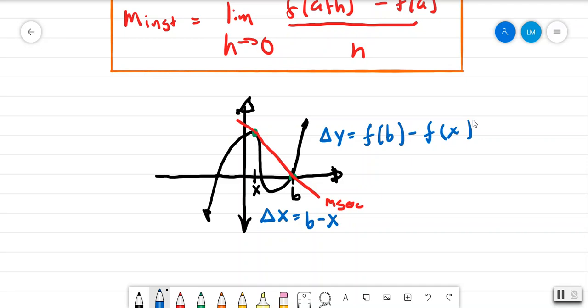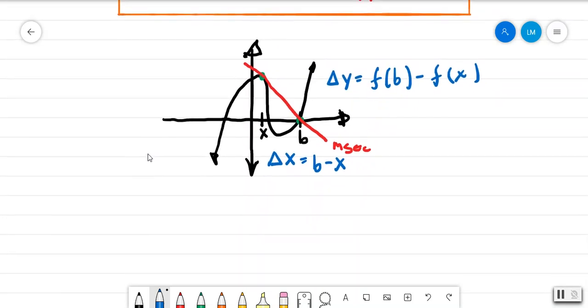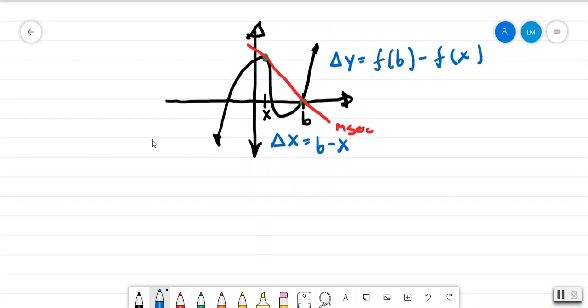I guess I should have used an a, but it's all the same. If you want to change this to an a, you can, because you're trying to figure out the slope of the tangent at this point. That becomes a little more difficult, I think. Maybe we can change it. The whole point is that you're finding the slope.